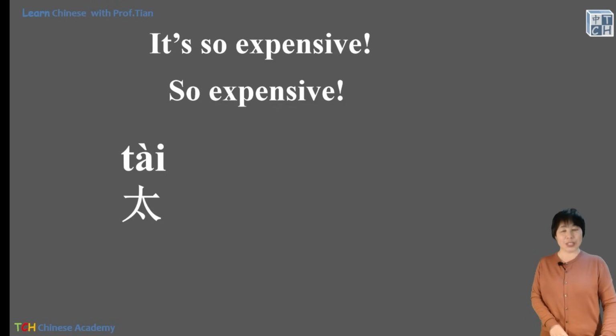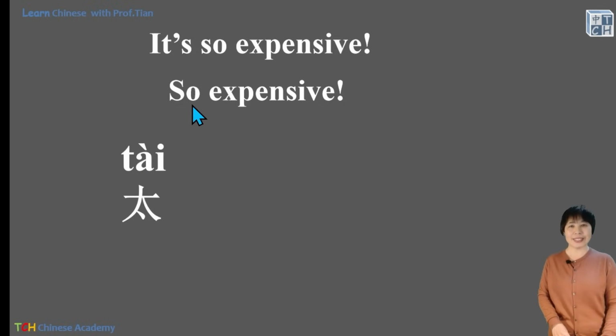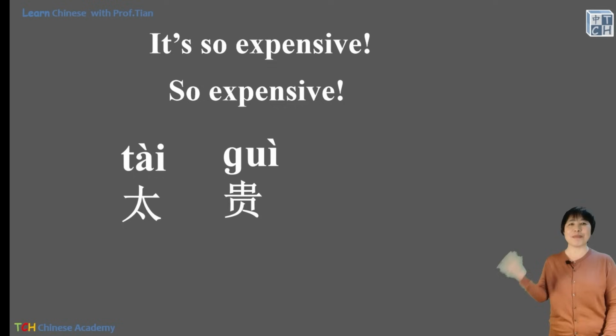So in Chinese "so" means 太. That's too or so. And then let's see the adjective. This time we use expensive, that means 贵. And how do we express this exclamation?